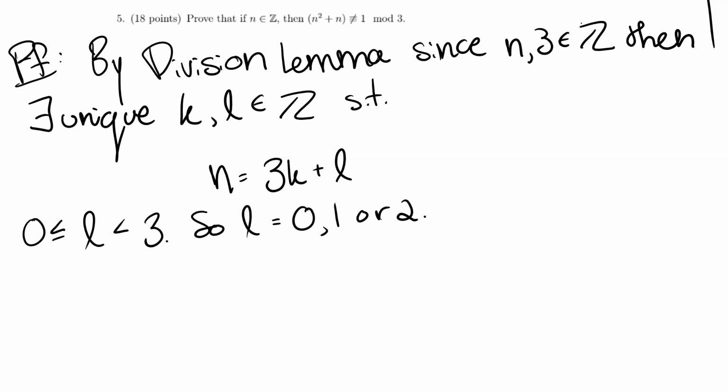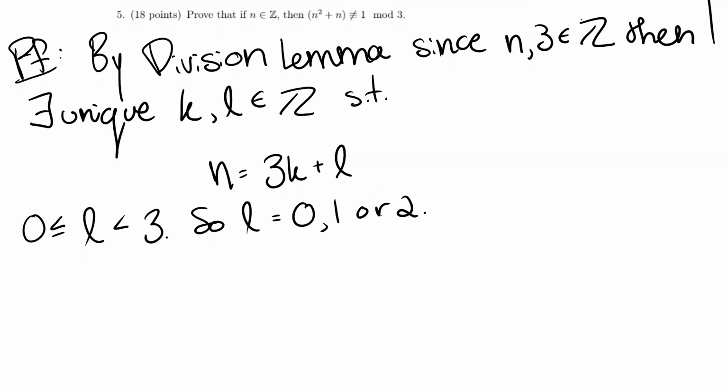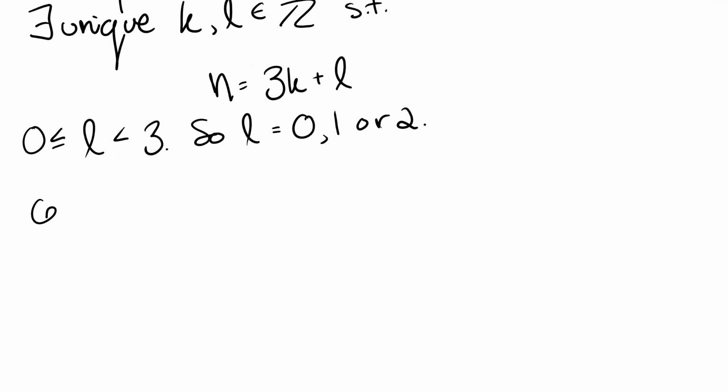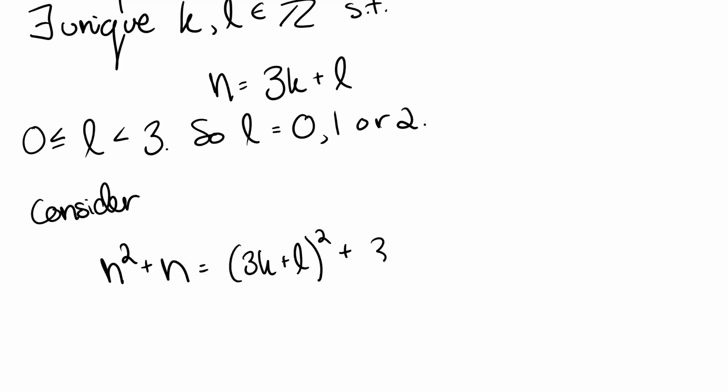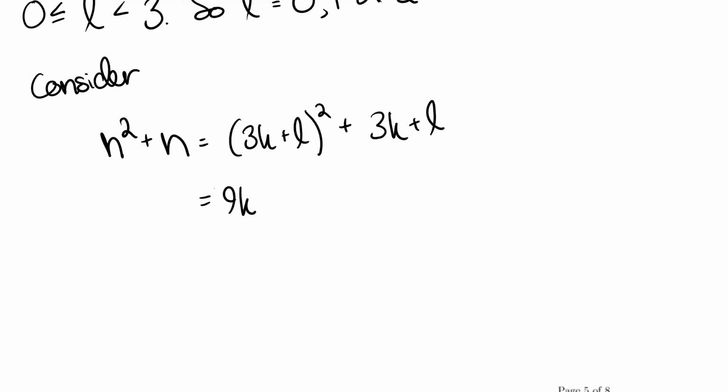All right, cool. So what we want to show is that n squared plus n can never equal 1. All right, so let's actually consider n squared plus n. What do we get? Well, we get (3k plus L) squared plus 3k plus L, which is 9k squared plus 6kL plus L squared plus 3k plus L. All right, okay.